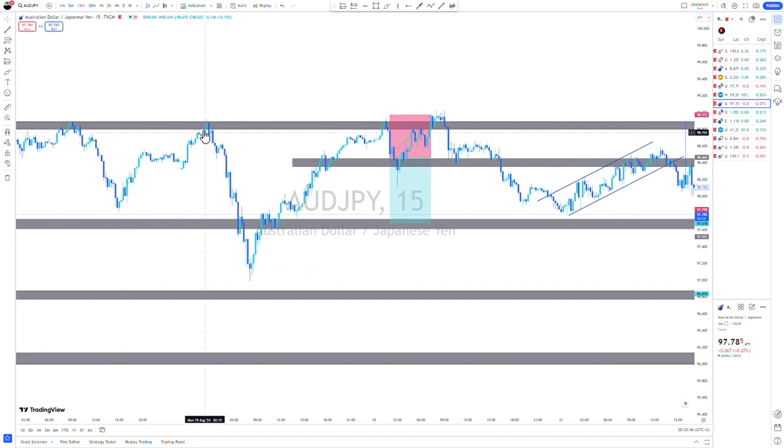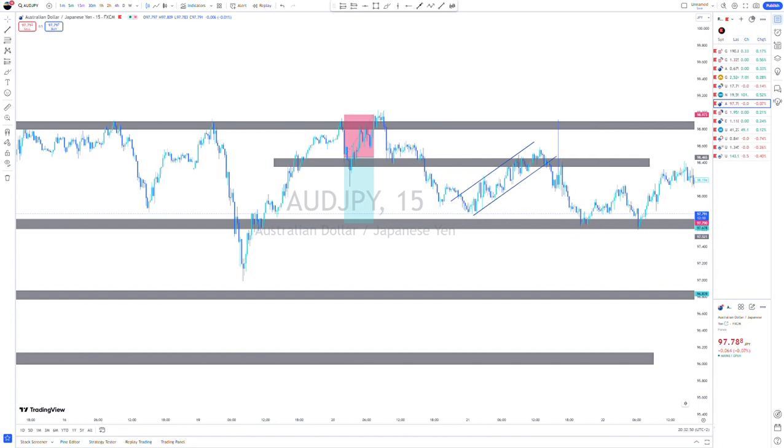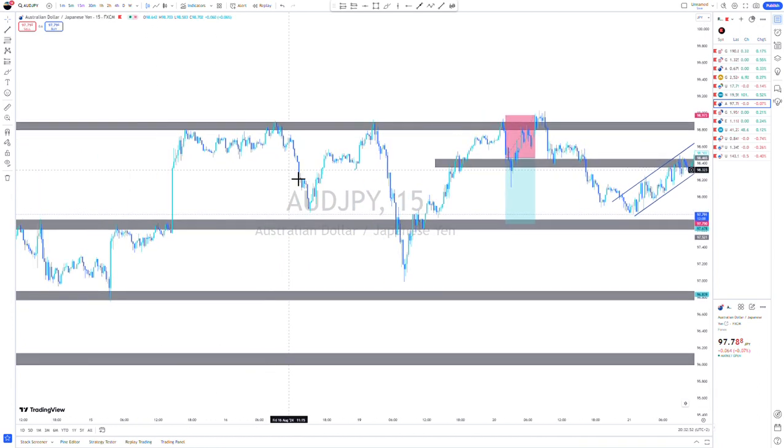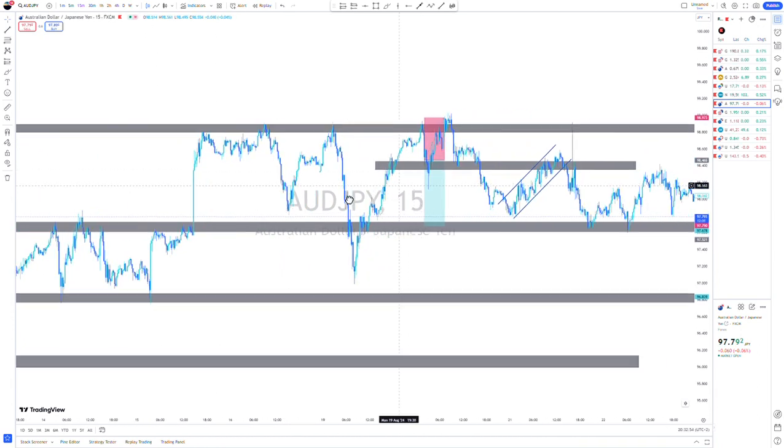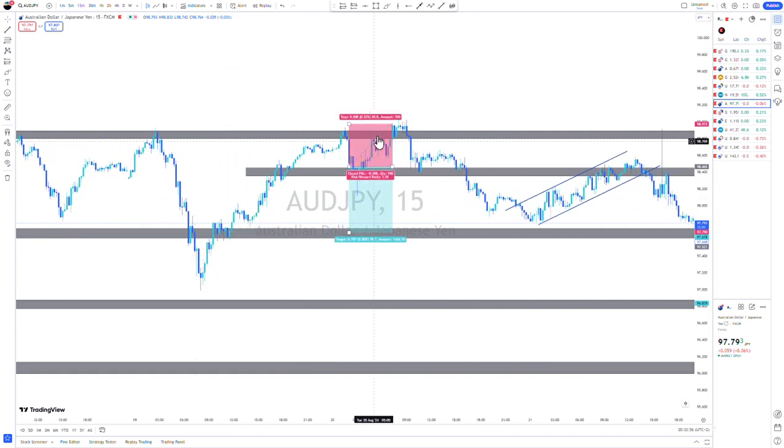The market failed to break above this resistance area, having failed multiple times, and then came to reject this area again, giving us a full engulfing candlestick, which was a strong confirmation for a push to the downside. As you can see, before the market stopped me out, it went down a little bit and then just went up.